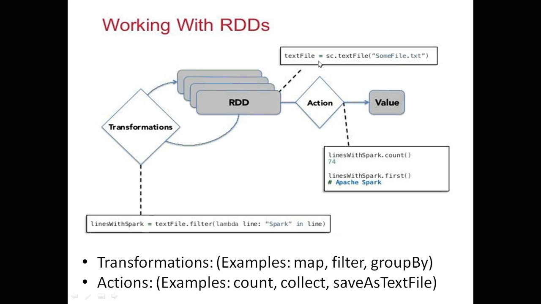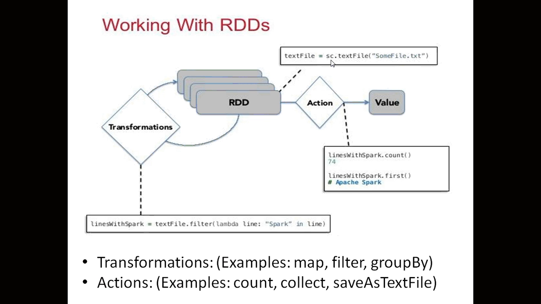Let's see an example. You can connect to Spark in two ways: one is the Spark shell, or you can write Spark programs using any language like Scala, Python, and Java. You need to create a context object. When you go via the Spark shell, you automatically get a Spark context, which is used to connect to the Spark cluster.